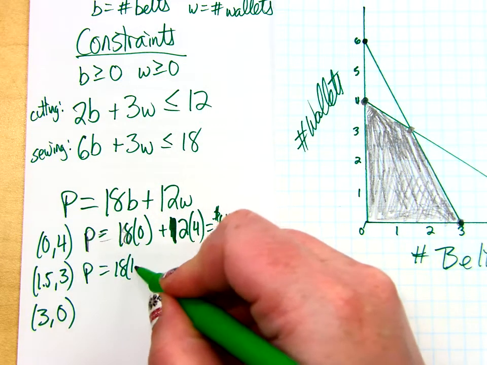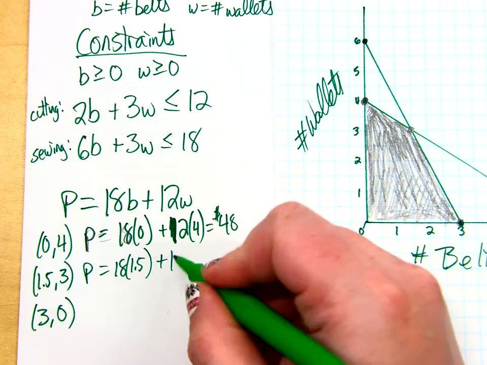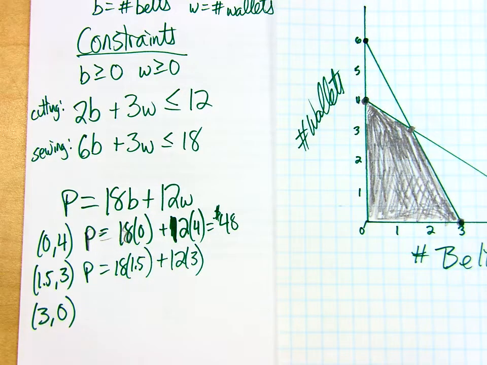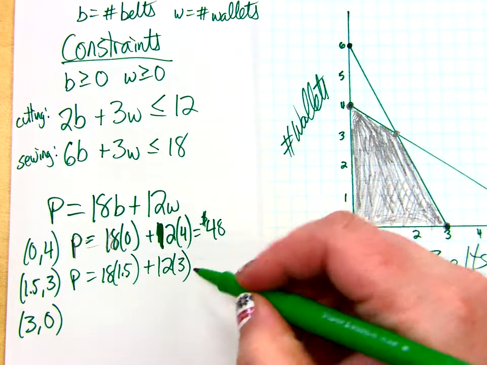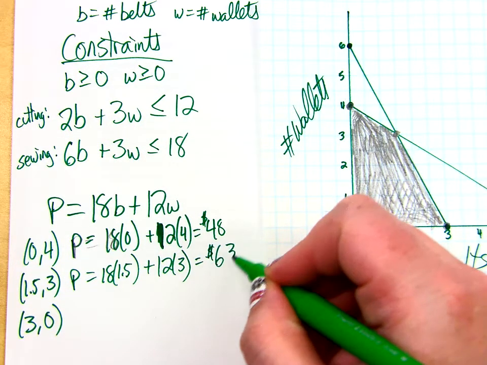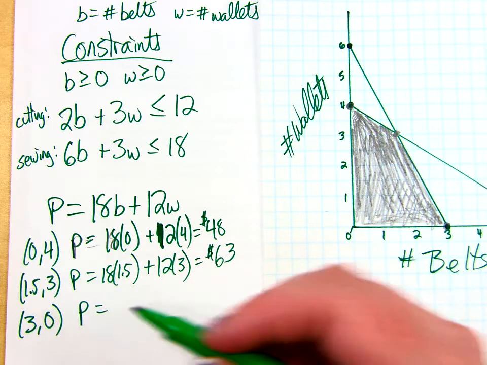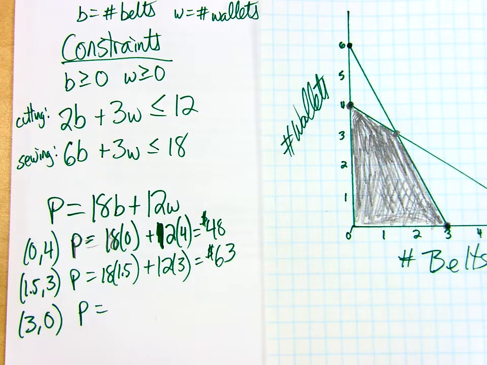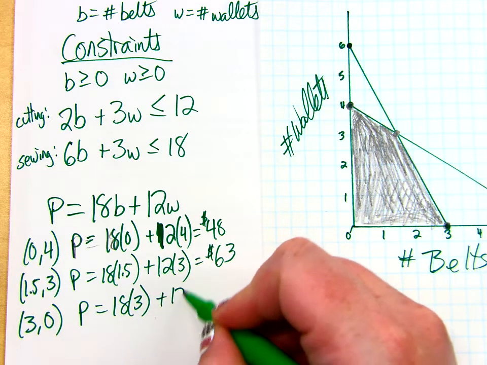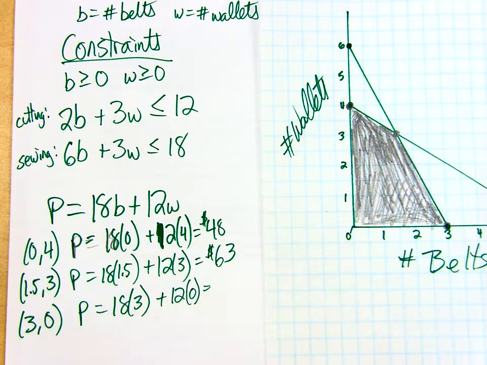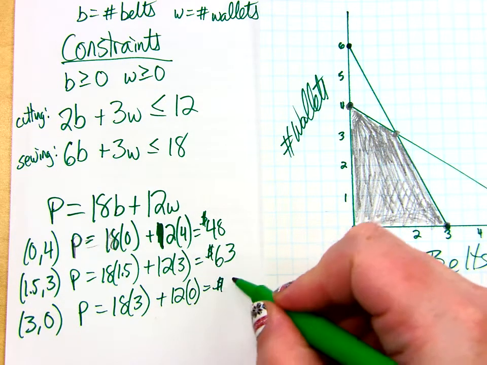Let's try 1.5 and 3. That's going to get me 27 plus 36, $63. Or I could focus on just belts, no wallets. 18 times 3, $54.